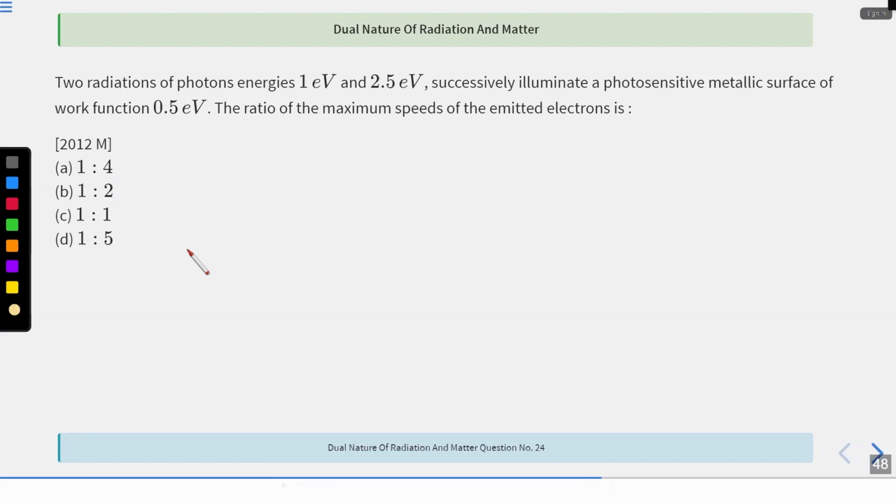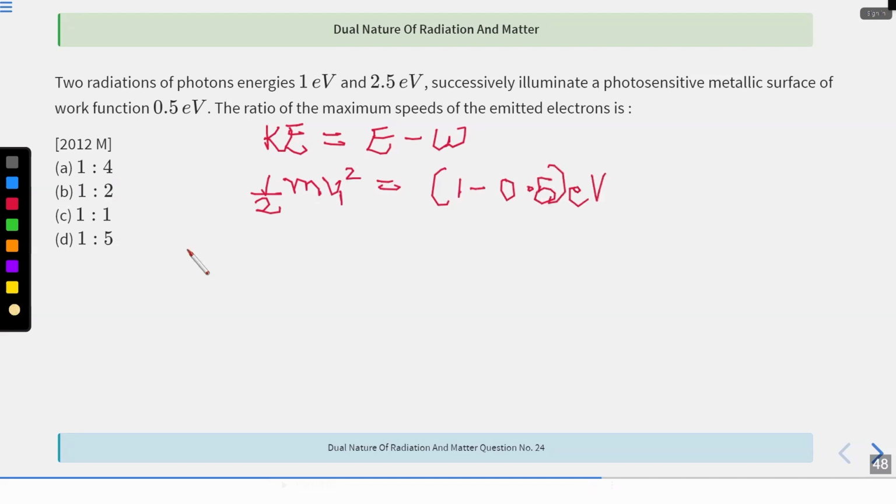Okay, so basically we'll be using Einstein's equation again. So it's nothing but K max, this will be max, right? So kinetic energy is nothing but E minus the work function, right? So I can write this as half mv1 square is equal to 1 minus 0.5 eV, right?